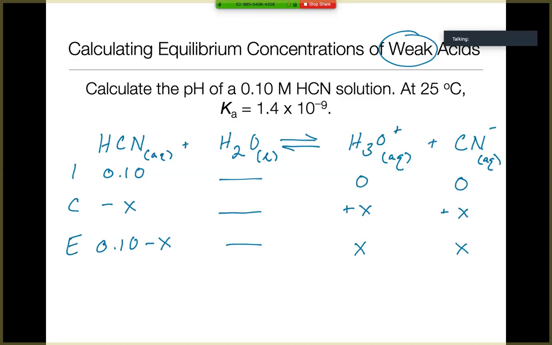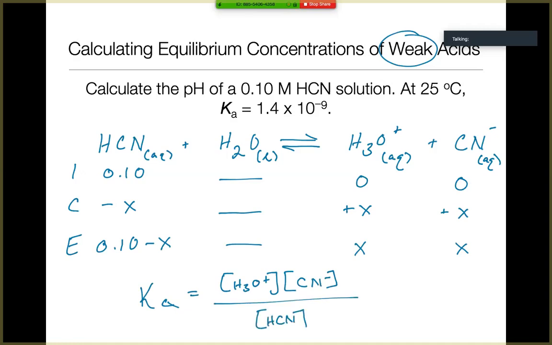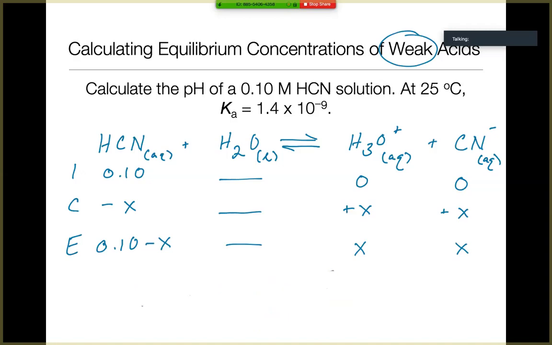Just like any other ice table, what we would usually do here is recognize that we need to write a new equation. This K, instead of Kc, will be Ka, where we have our products, hydronium and cyanide, all over HCN. I think I have this on the next slide, so let me go there.